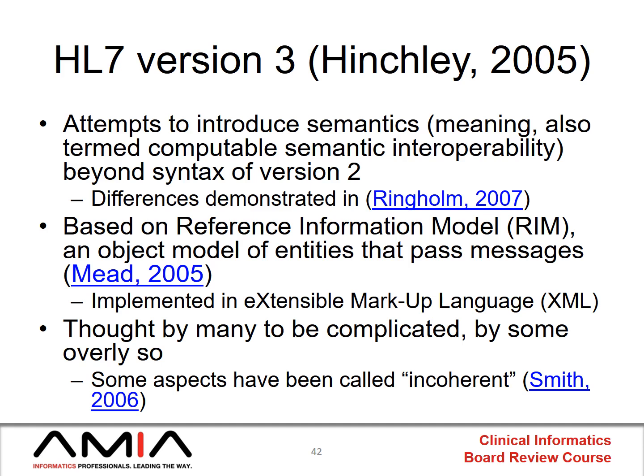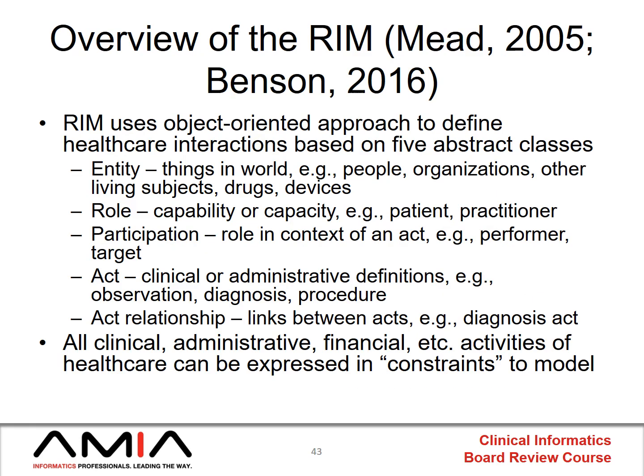Many people believe HL7 version 3 to be very complicated, perhaps overly so, and some have gone further in their criticisms of it, such as Barry Smith, who's the best known and most articulate of the critics of HL7 version 3.